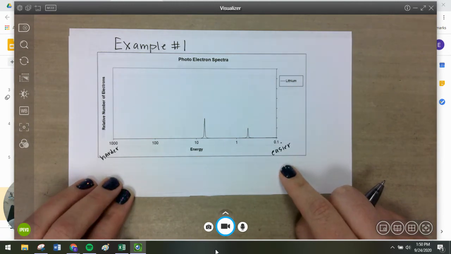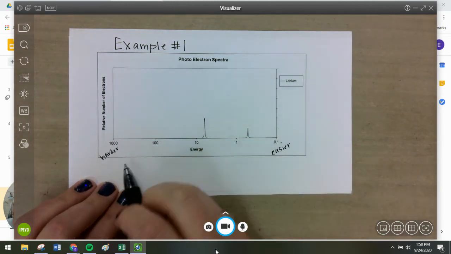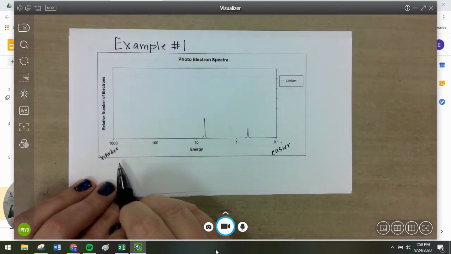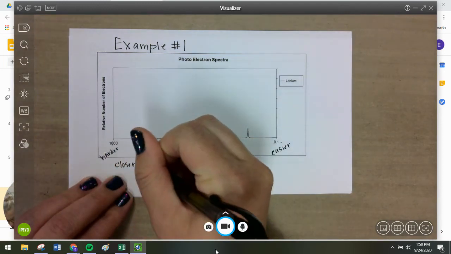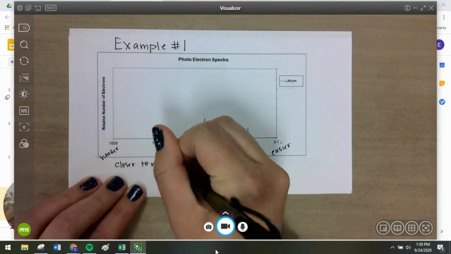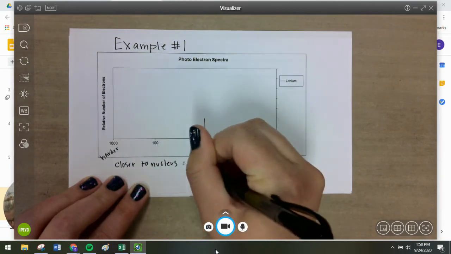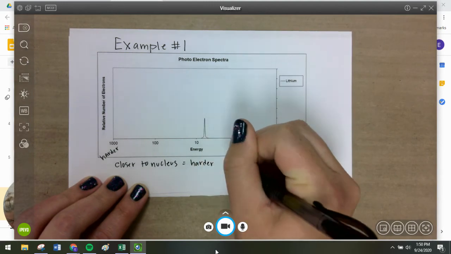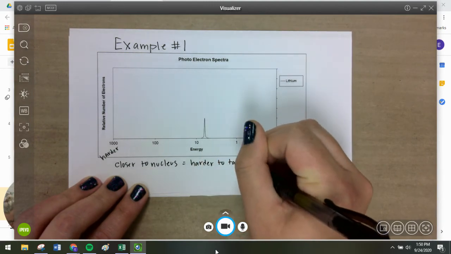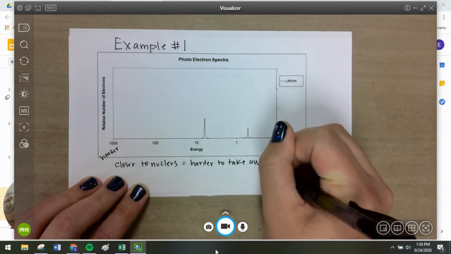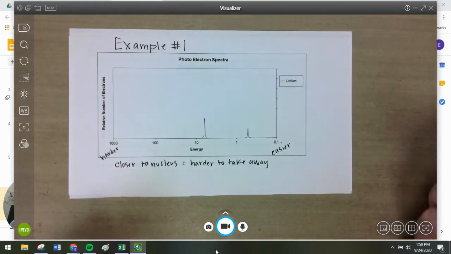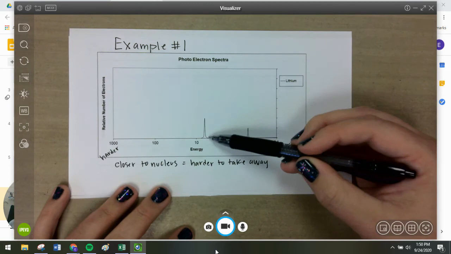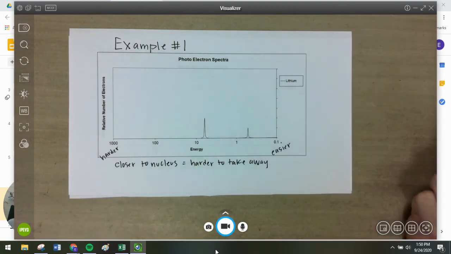With that in mind, electrons that are closer to the nucleus are harder to take away. So when we're looking at our energy values here, and these peaks that you see, these little spikes, the ones that have a higher energy are the ones that are closer to the nucleus.